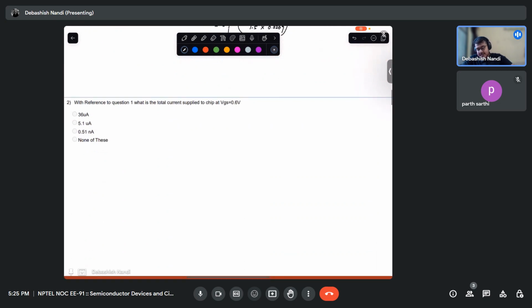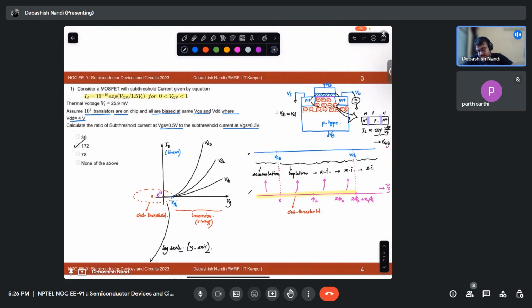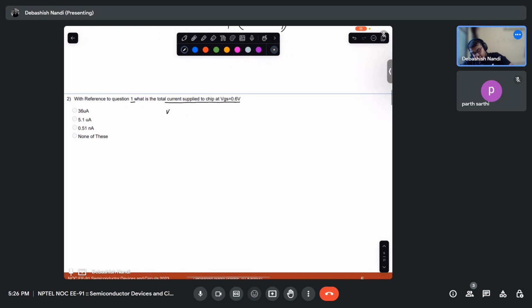With reference to question 1, what is the total current supplied to the chip at VGS equal to 0.6 volt? We are assuming that VGS is less than VTH, that means we are still in the subthreshold region.